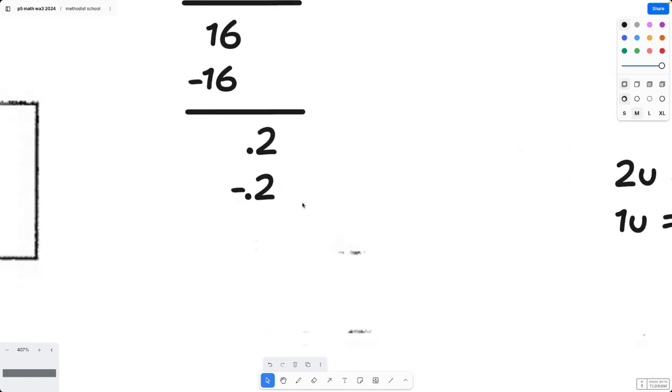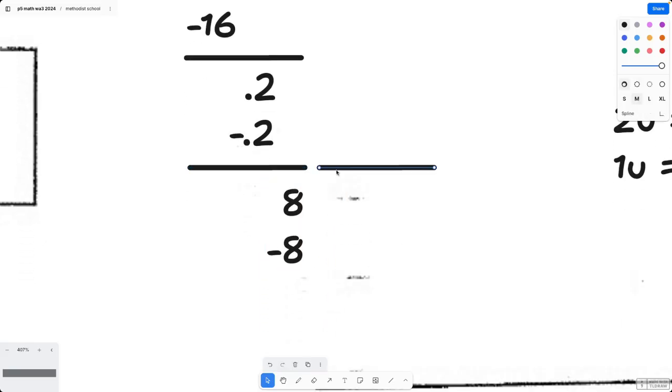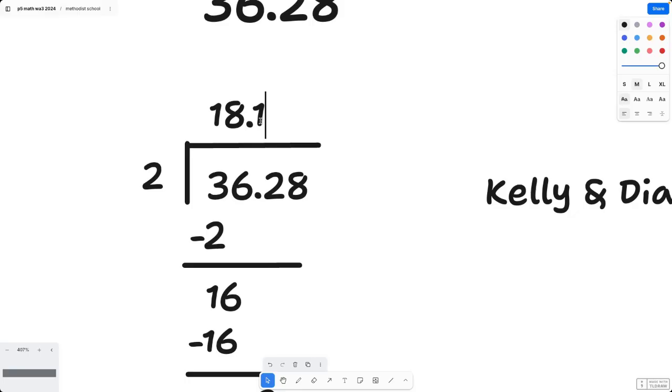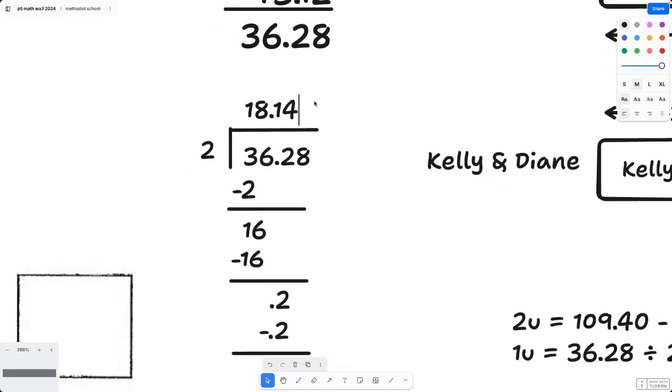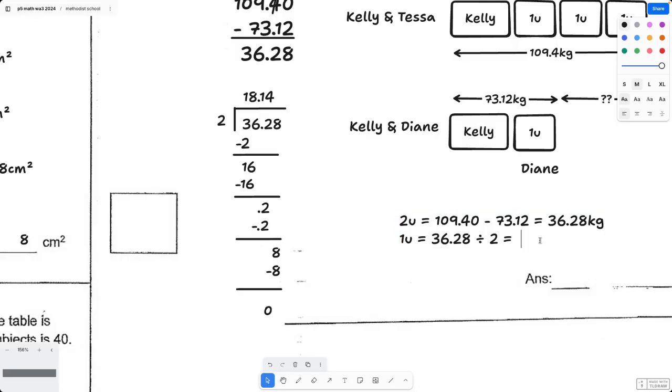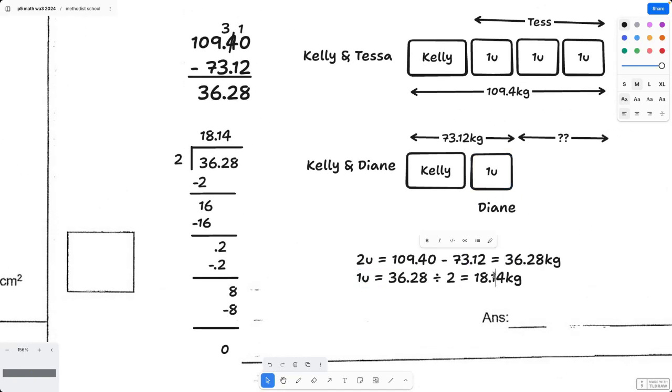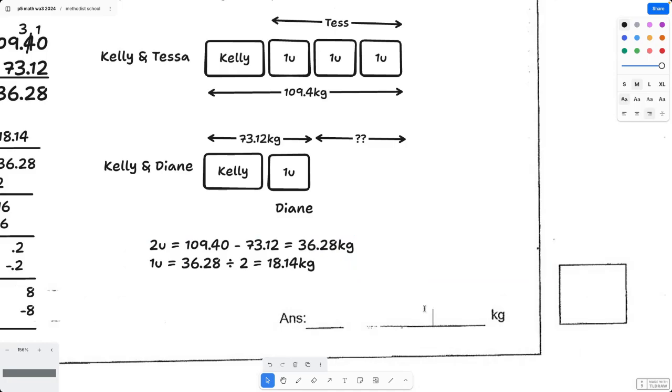And lastly we bring down 8, and then we can minus 8, and it becomes 0. So let's double check. Correct. So the answer is 18.14 kilograms. Since Diane is 1 unit, the answer is 18.14 kilograms. Let's write it down. All right, there we go.